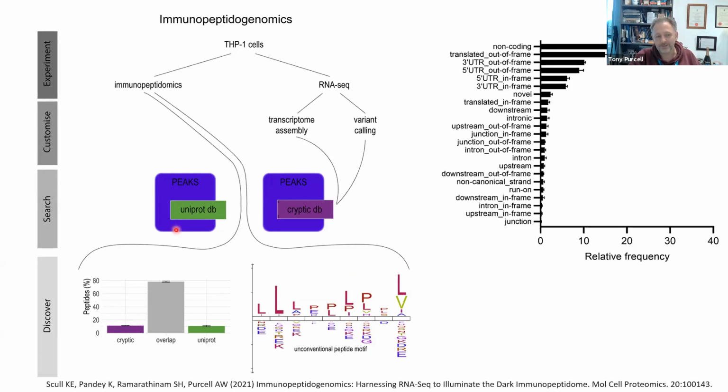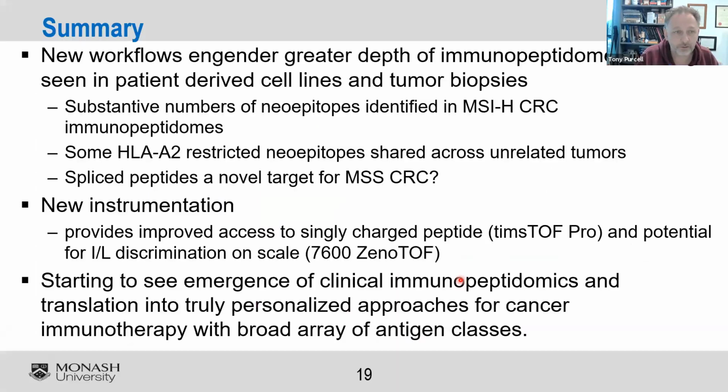The simple answer is yes, we can find a number of cryptic peptides using this strategy, predominantly from non-coding regions of RNA molecules. So I think that's quite consistent with what Andy showed.